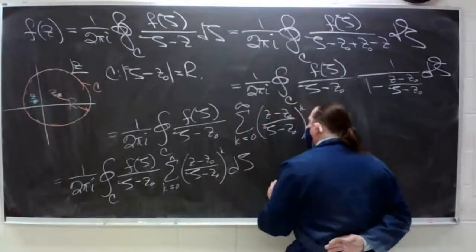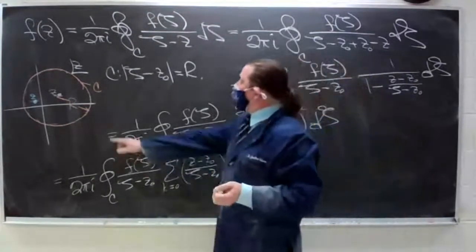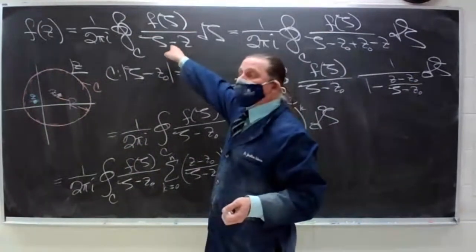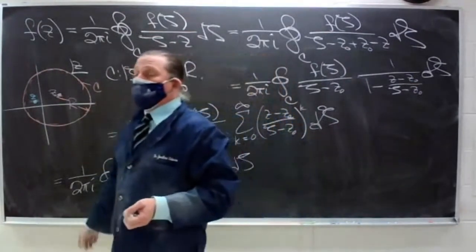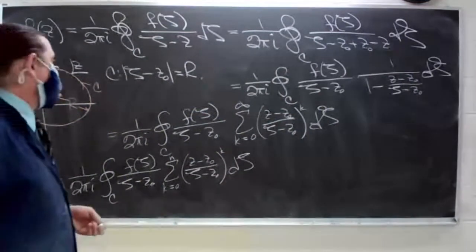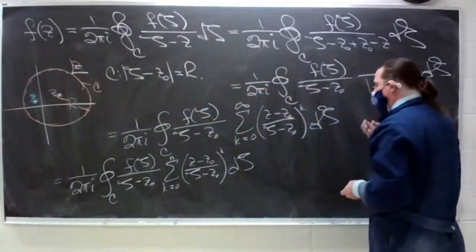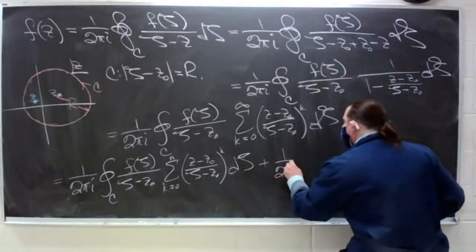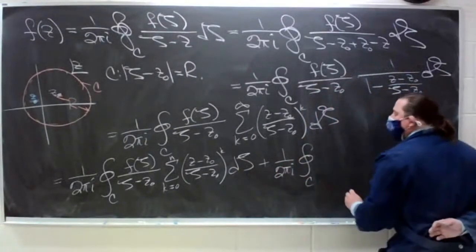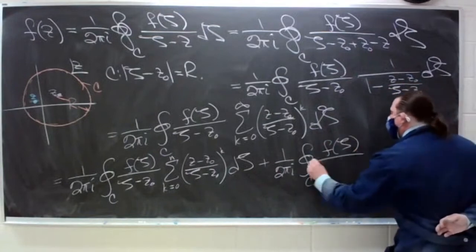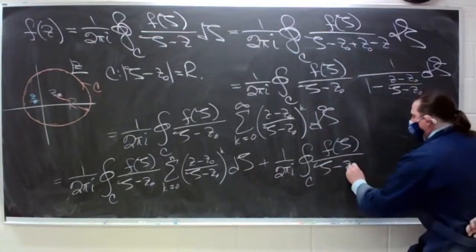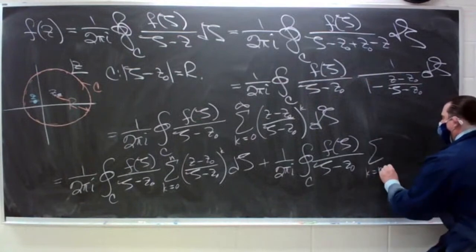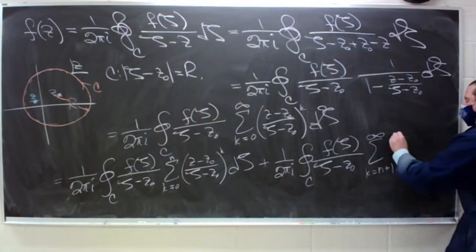So z is a point where the function is analytic, right? The reason that this is not 0 is because zeta minus z is 0 when zeta equals z. All right. So now I've got that plus, all right, and then this is going to be the sum n plus 1 to infinity.